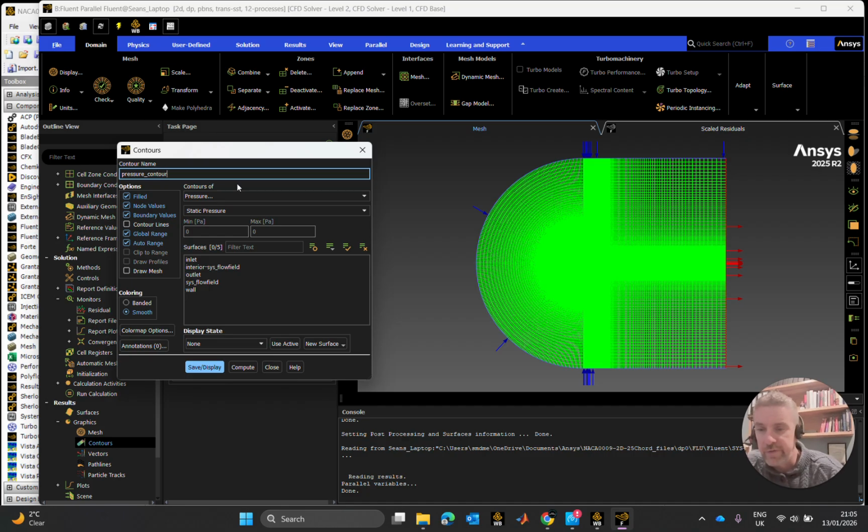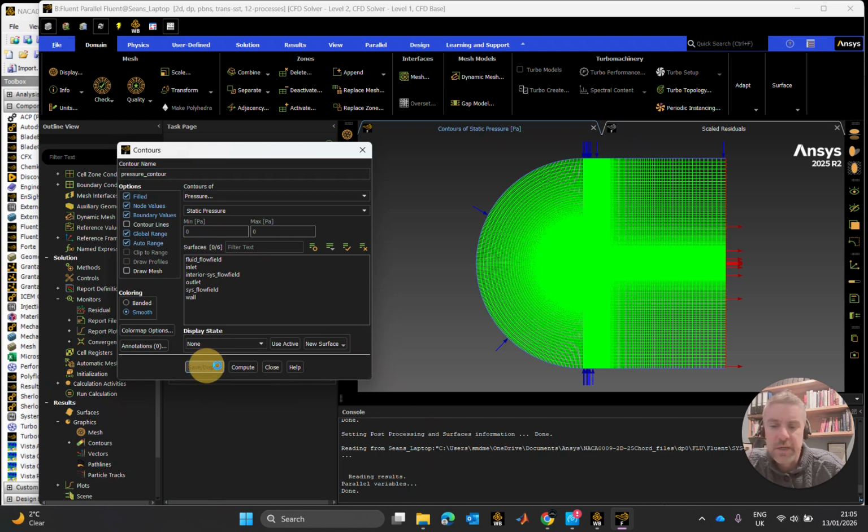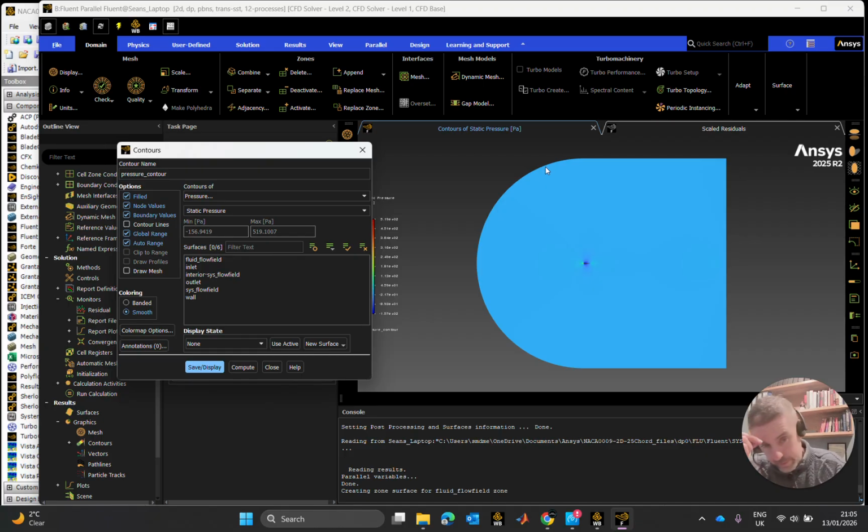I've never found any need to specify it as the static pressure contour as opposed to dynamic pressure or any other type of pressure contour, and it's usually the static contour that I have looked at. Save and display, and that'll bring up the contour.